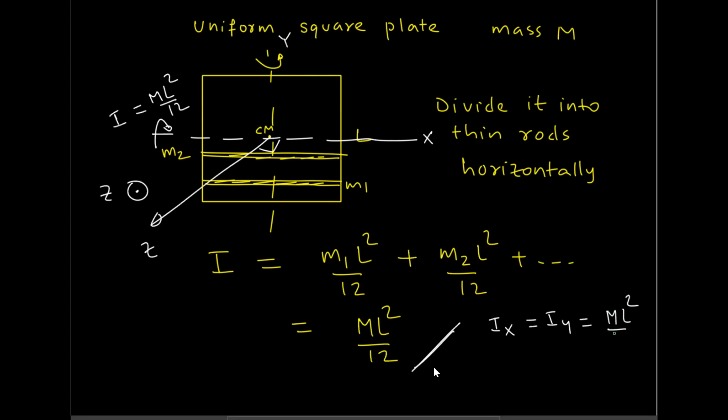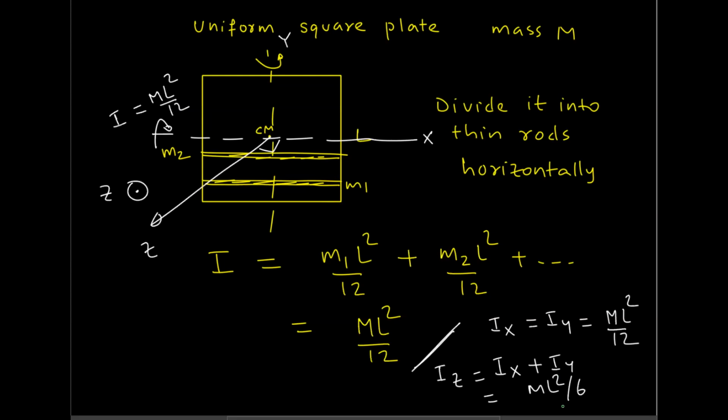So what is Iz? If you look at the perpendicular axis theorem, the x and y axes are on the plate, so I can just add them. Ix plus Iy is equal to M L square by 6. It's easy. You understand this.